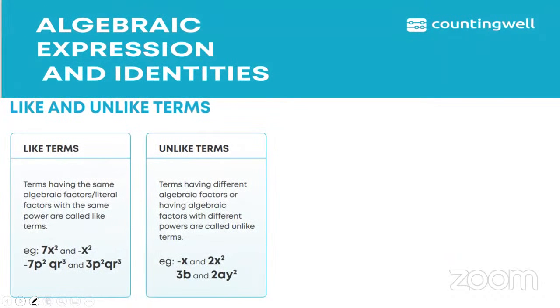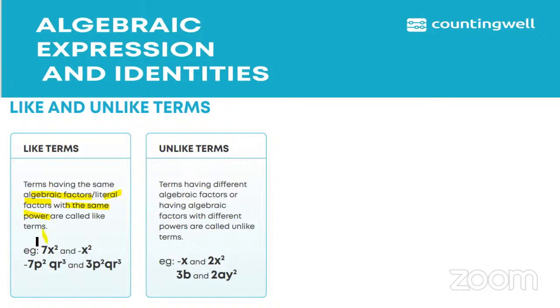Let us see what like and unlike terms are. Like terms are nothing but terms having the same algebraic factors or literal factors with the same powers. As I said, algebraic terms have two types of factors: constant or numerical factors, and algebraic factors. Here you can see we have two terms, 7x square and minus x square.